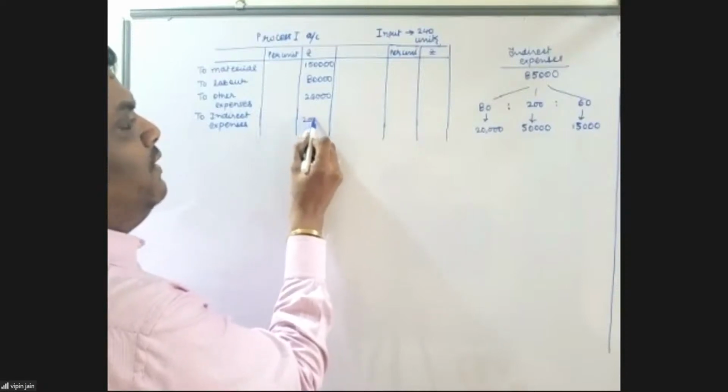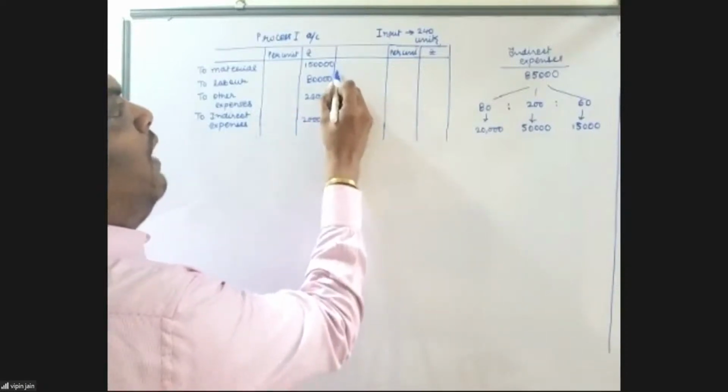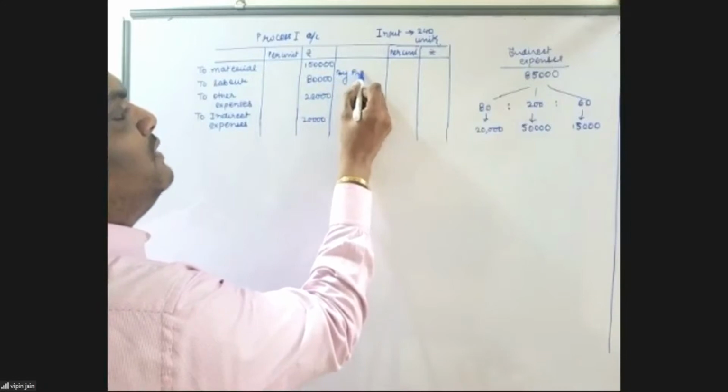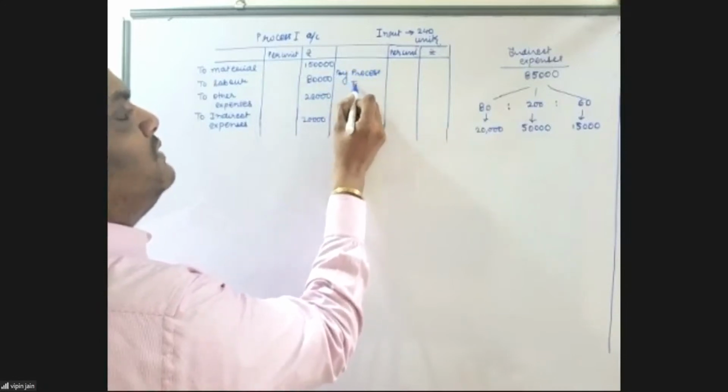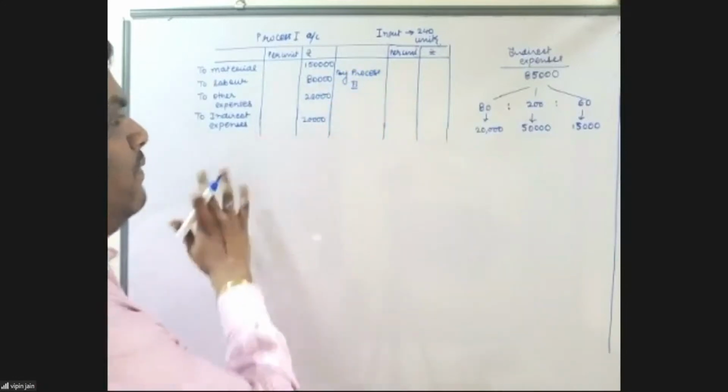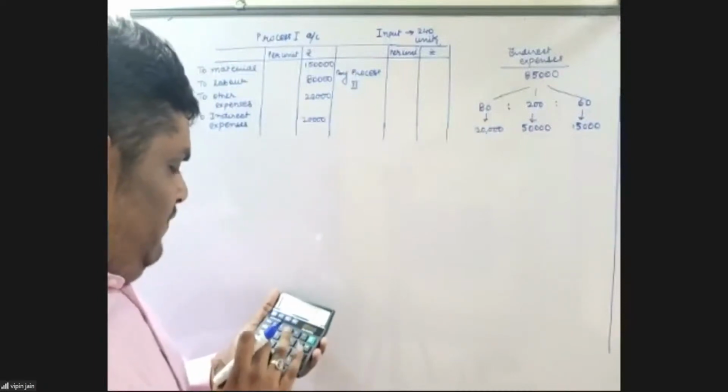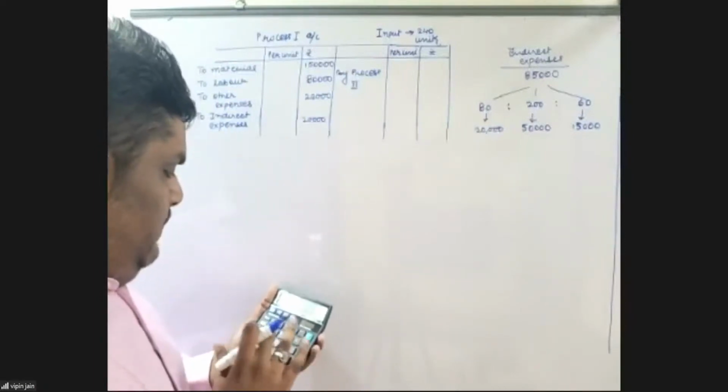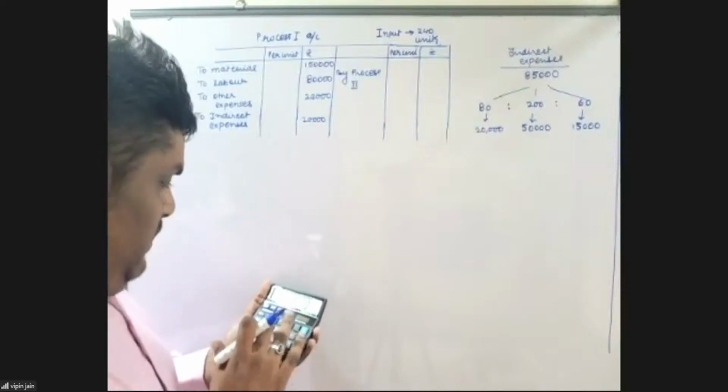So this will be 20,000. Output is transferred to the next process, that is process second. So 150 plus 80 plus 20 plus 26.